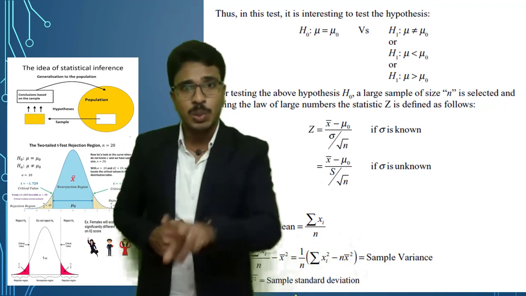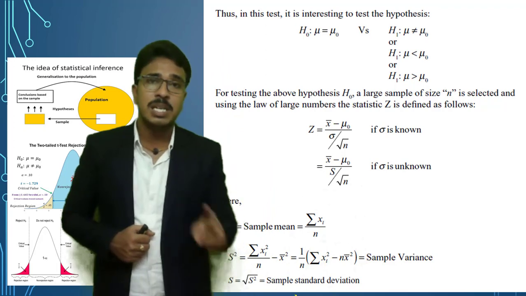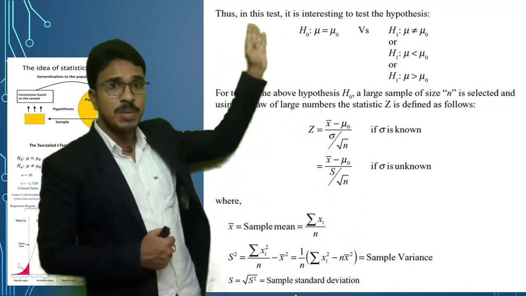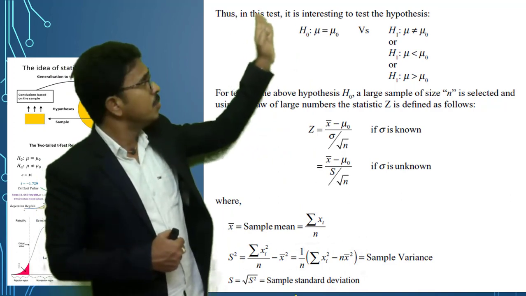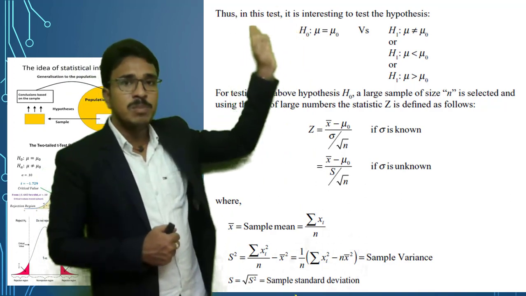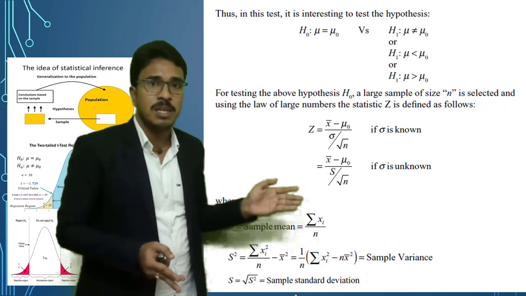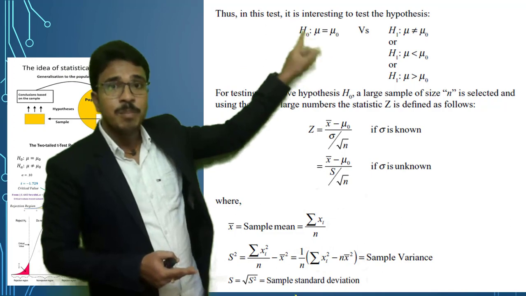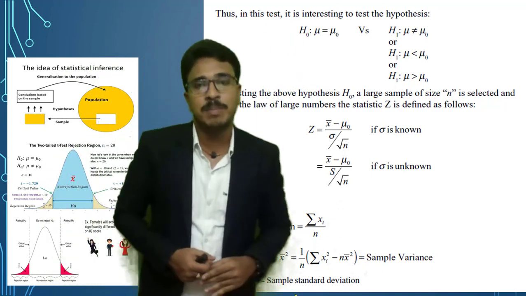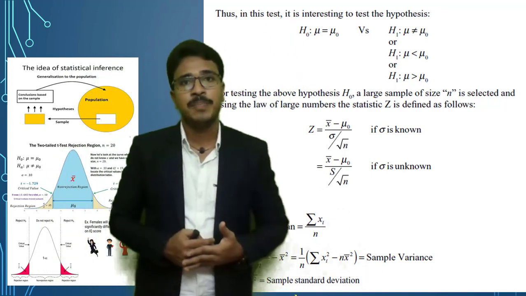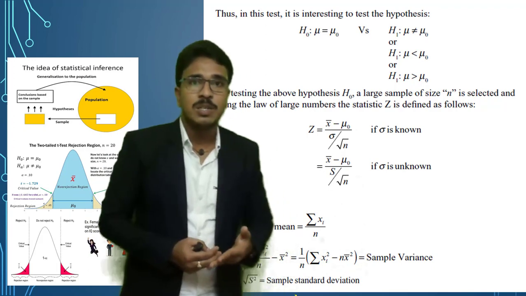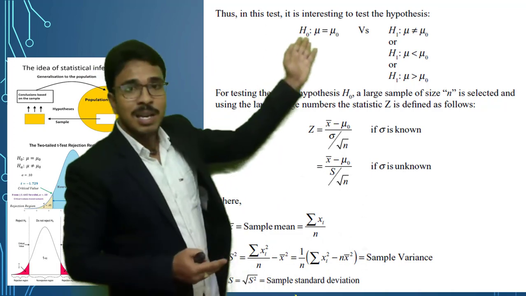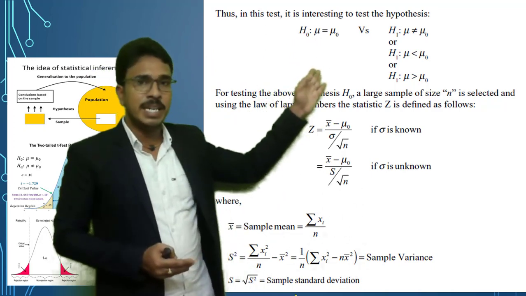The assumptions are of two types. One is the null hypothesis and the second one is the alternative hypothesis. The null hypothesis we represent with H naught, that is mu is equal to mu naught. Both are the same, there is no difference. The alternative hypothesis, H1, means mu is not equal to mu naught. That means there is a difference, and that difference may be less than or greater than.